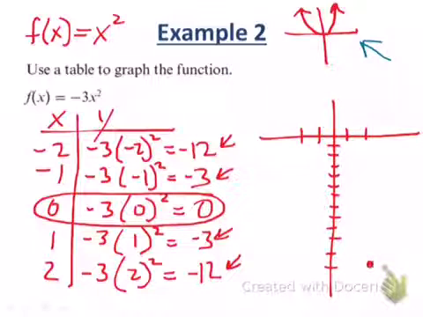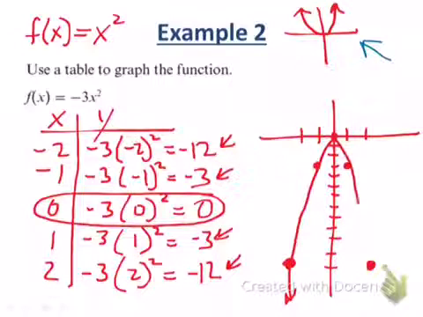So I got 2, -12, and -2, -12. Right? I've got 1 and -3, and -1 and -3, and I got 0, 0. So the curve does this. It's not supposed to curve back in, but it does that.